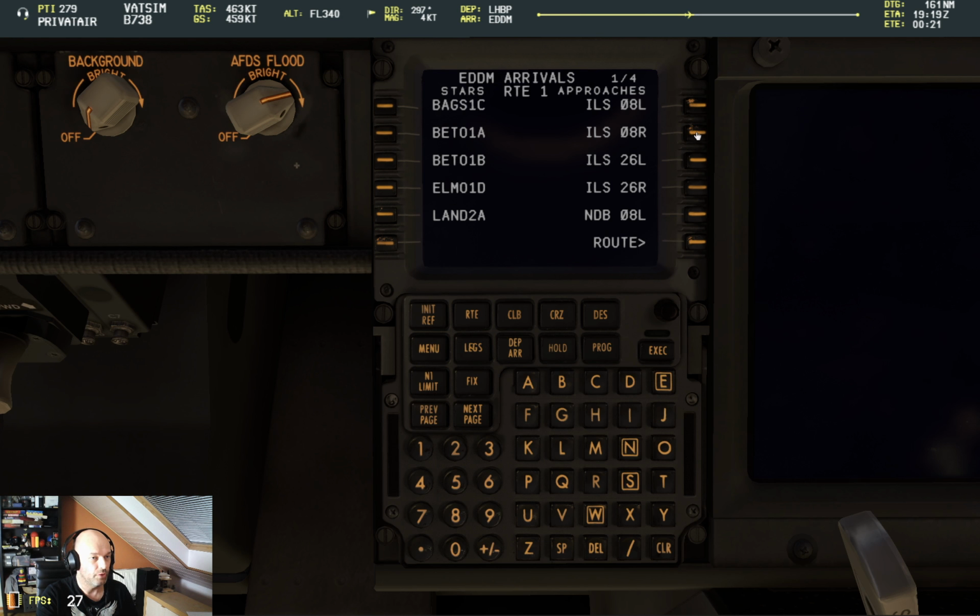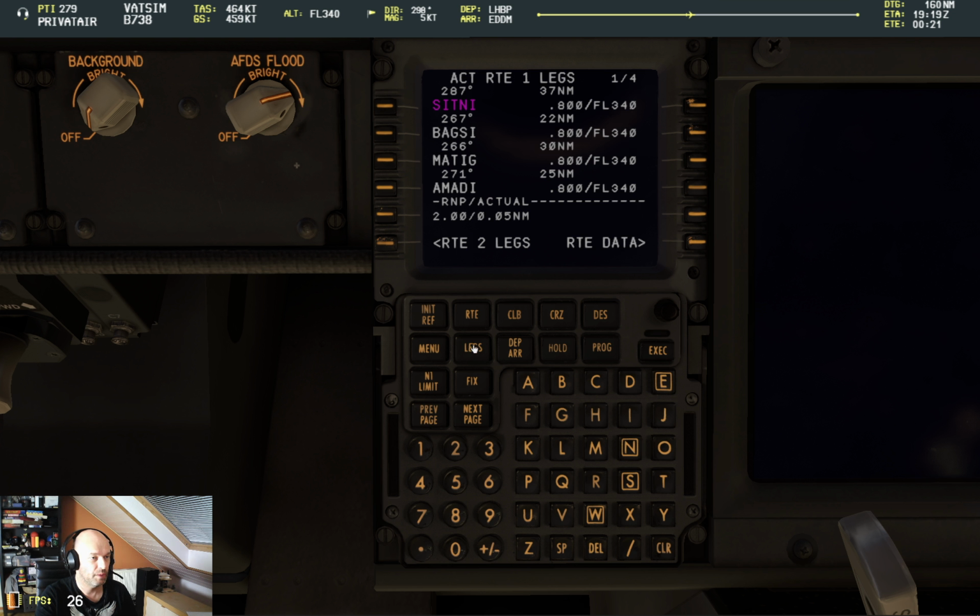München, arrival, ILS 26 left. And is there Napsa? There we go. Napsa 26 transition. Let's use that one. There we go. Execute. There we go. Napsa DM4. Well, we have to check that with our charts.